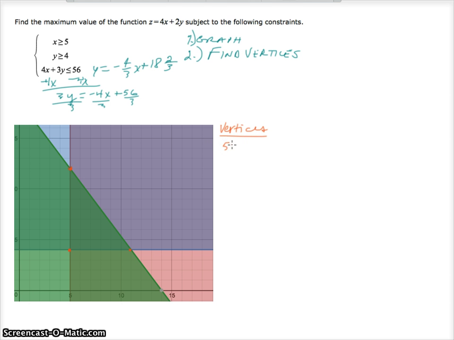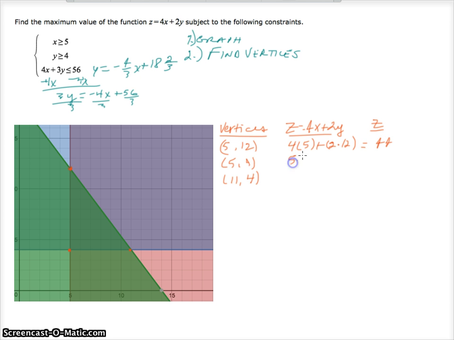So we had 5, 12, 5, 4, 11, 4. My function was z equals 4x plus 2y, and I'm looking for a maximum value for z. So I'm going to have 4 times 5 plus 2 times 12. 20 plus 24 gives me 44.